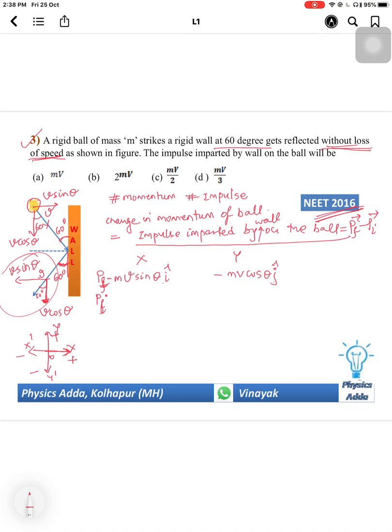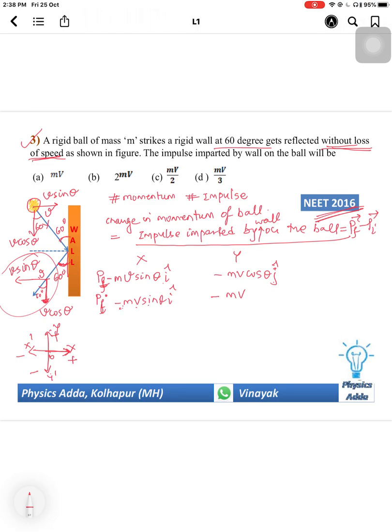So this i and j will be unit vectors along x and y respectively. So this will be minus mv. This is the initial, this is mv acting downwards, so along OY dash it will be negative. Minus m into v sin theta i cap, and this will be minus mv, again acting downwards.